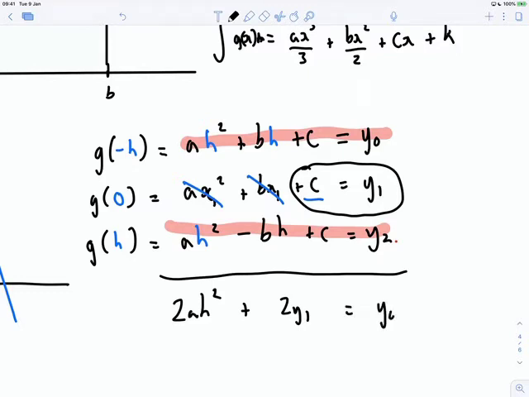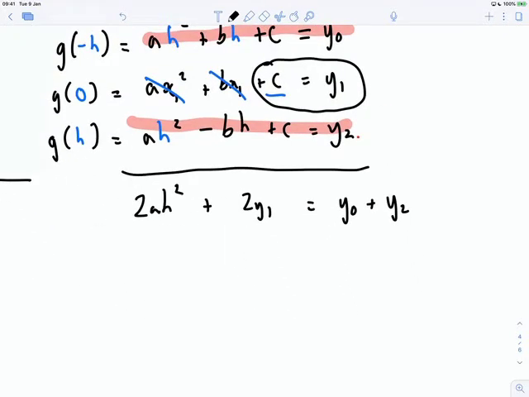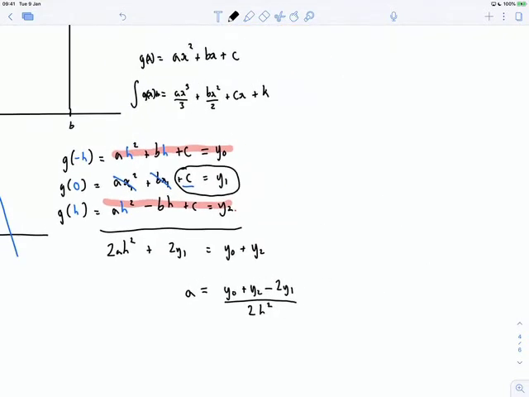And this is going to equal y0 plus y2. So in actual fact, you're going to get A is y0 plus y2 minus two lots of y1 all over 2h squared, and that equals A.